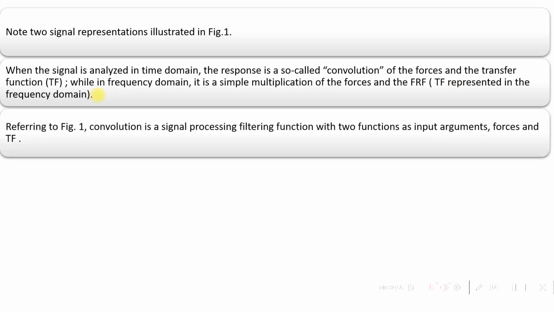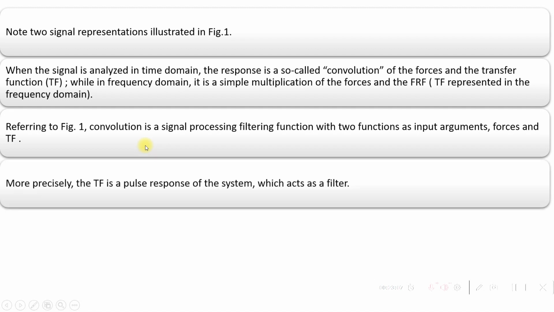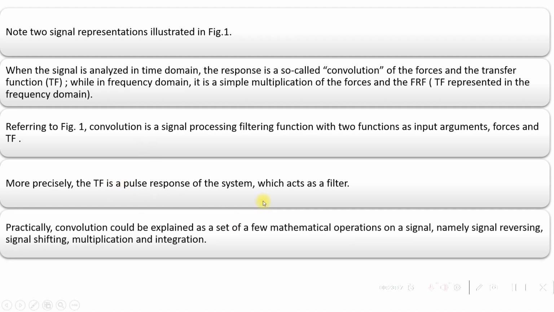Referring to figure 1, you have already seen convolution is a signal processing filtering function with two functions as input arguments, forces and TF. More precisely, the TF is a pulse response of the system which acts as a filter. Practically, convolution could be explained as a set of a few mathematical operations on a signal, namely signal reversing, signal shifting, multiplication, and integration.